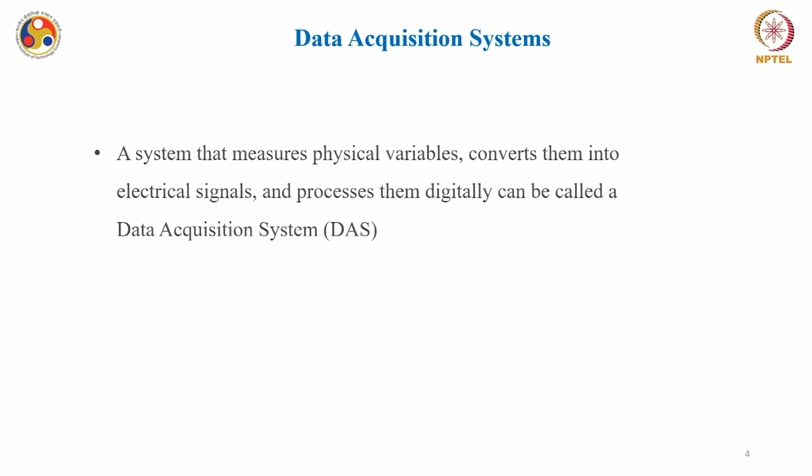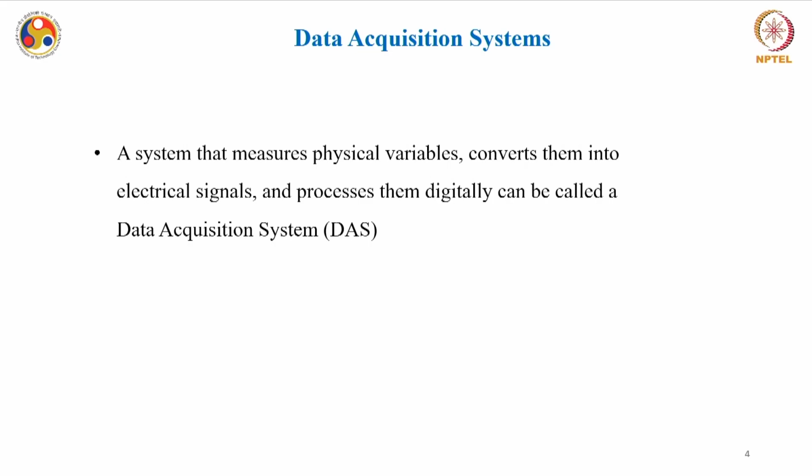All of these constitute a system that is known as a data acquisition system. If I have to define it, I can say that it is a system that measures physical variables, converts them into electrical signals and processes them digitally. We call it a data acquisition system or a DAS.